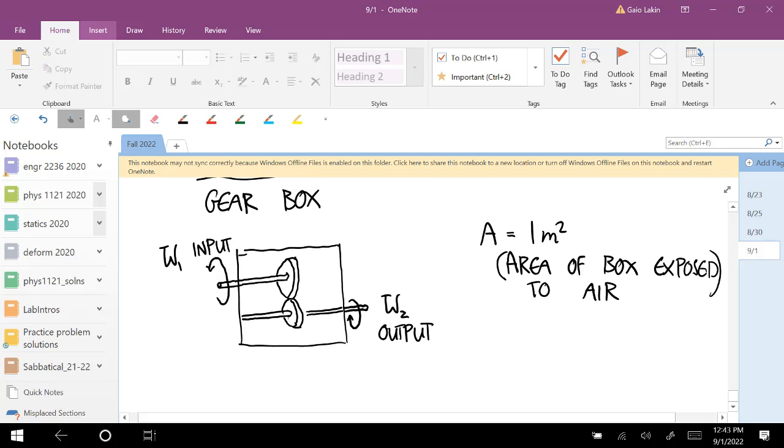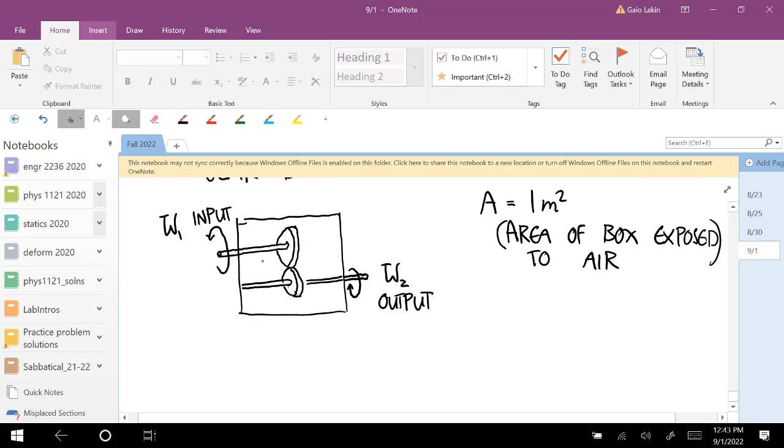And the surface of the box is cooled by convection.